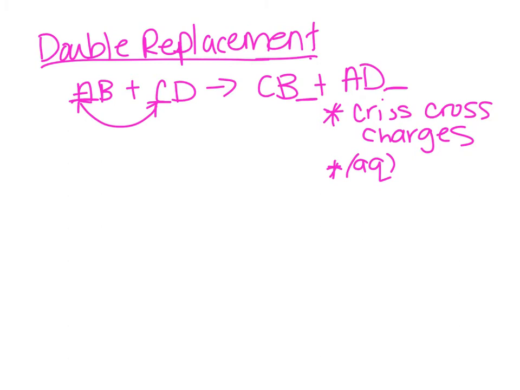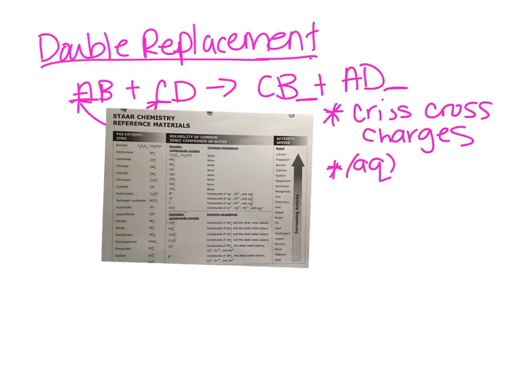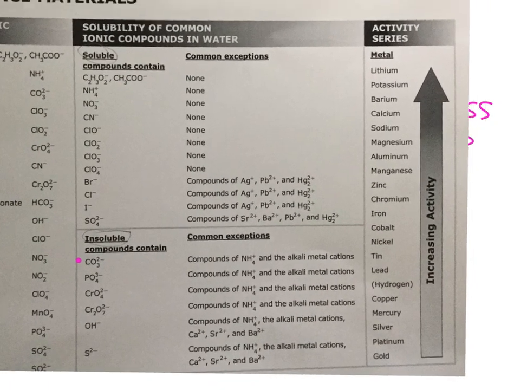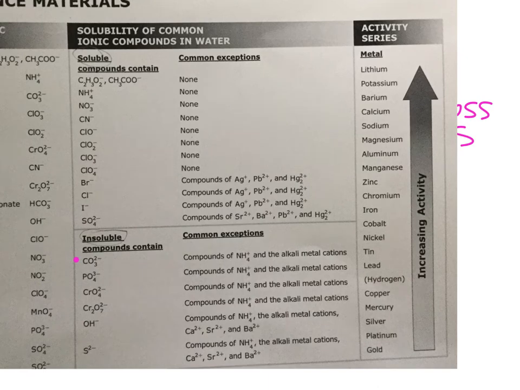So solid and gas is going to be the way that you know a double replacement actually happened, okay? All right, so you're going to look at your periodic table again on the inside, okay? I want you to look at the center of it. All right, so back on the center, we're going to look at that center part. Okay, so you see there's solubility of common ionic compounds in water. Okay, now when we say in water, that means in solution, right?